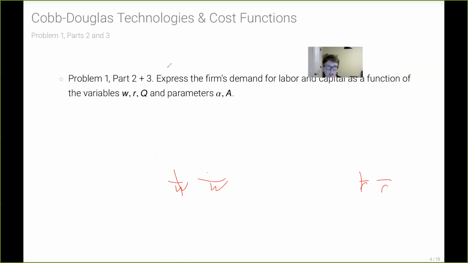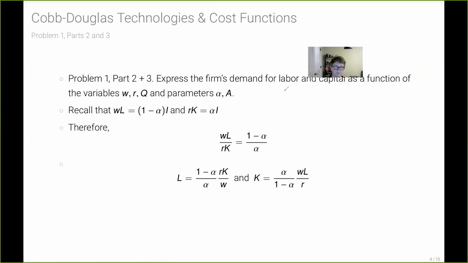So we want to have L and K be a function of only those variables and parameters.